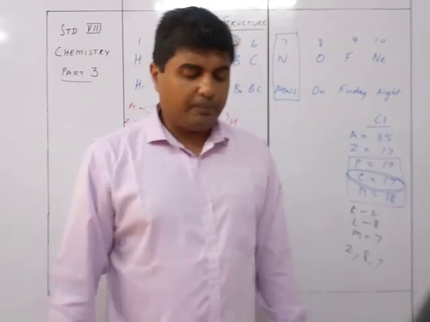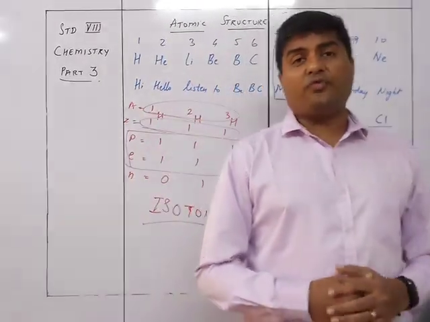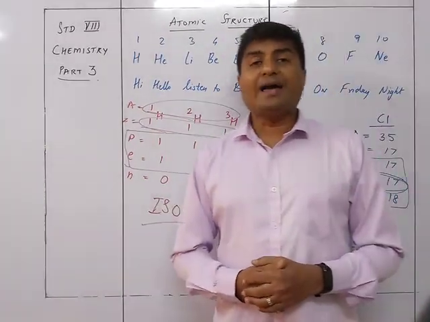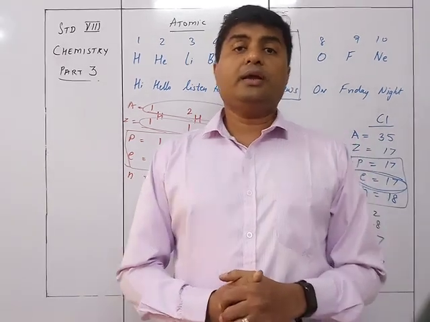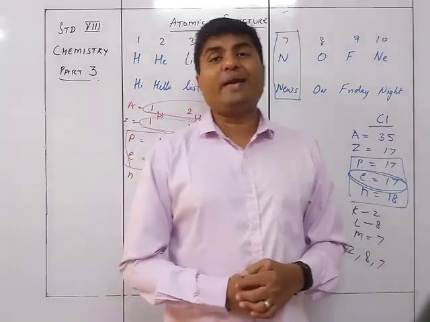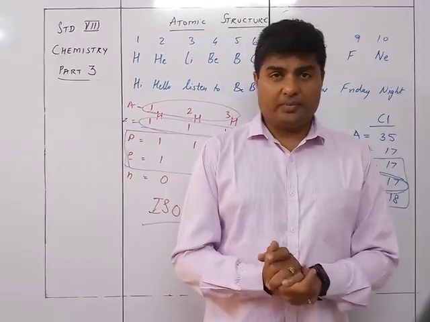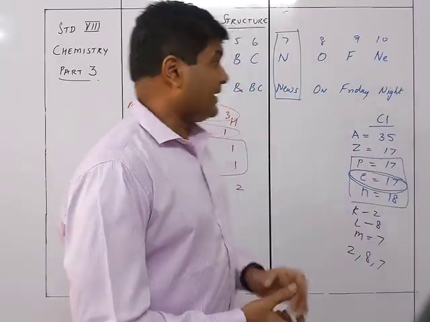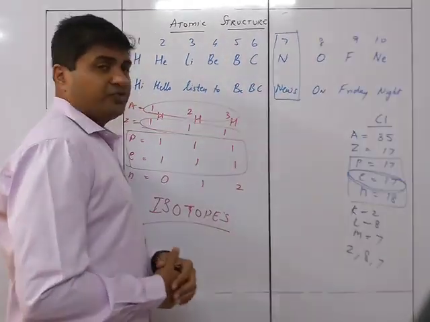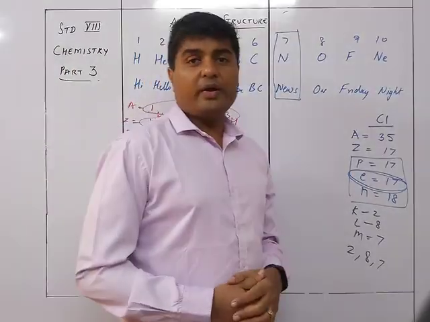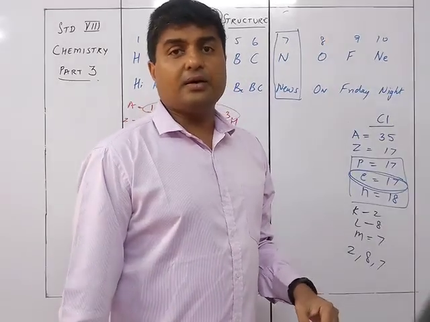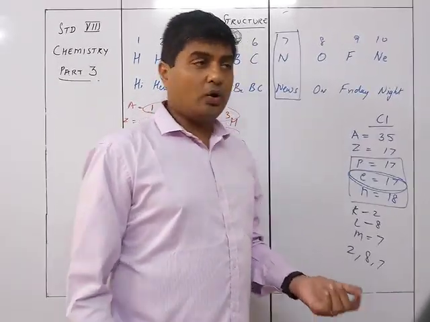We now come to the page which has the electronic configurations and the diagrams for the first 20 elements of our periodic table. That is one of the reasons I kept this as it is, because the first 10 was already here. So I wanted you to understand the next 10 also.